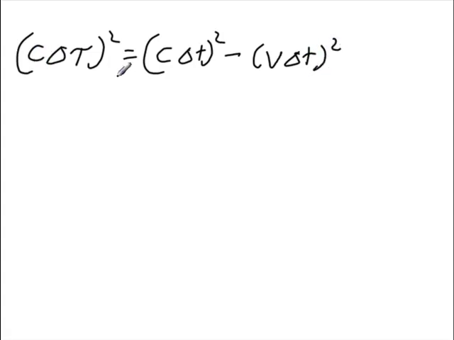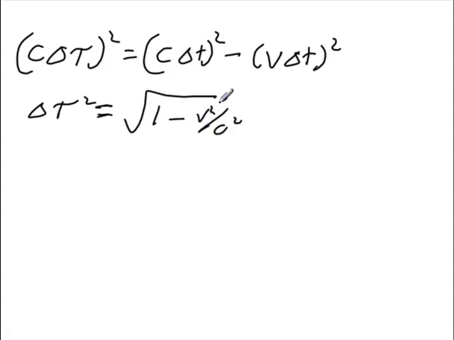I can bring the c over here and factor out the delta t on this side, and what I get is that delta tau is equal to the square root of 1 minus v squared over c squared times delta t.